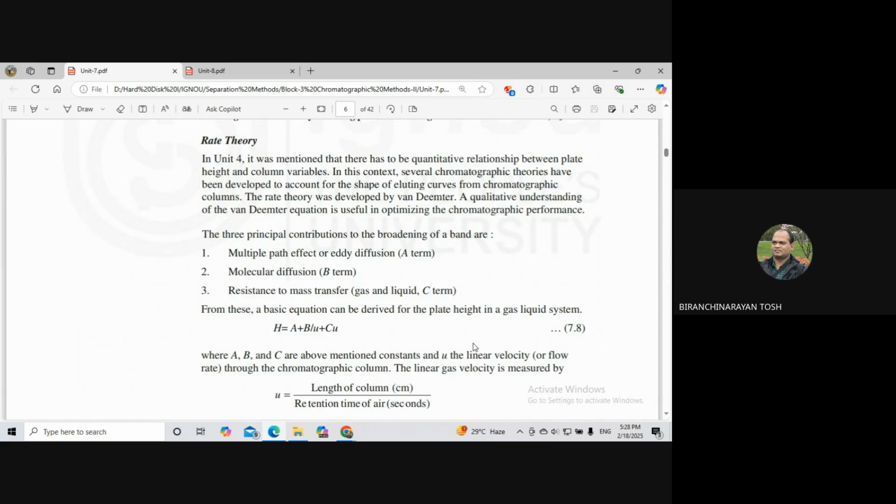From these three terms, the basic equation can be derived for the plate height in a gas liquid system: H equals A plus B by u plus Cu, where A, B and C are the above mentioned constants, and u is the linear velocity through the chromatographic column. It's the flow rate. Linear gas velocity is measured by length of the column divided by retention time of air, in centimeters per second. So if H is plotted against u, one obtains a hyperbola.